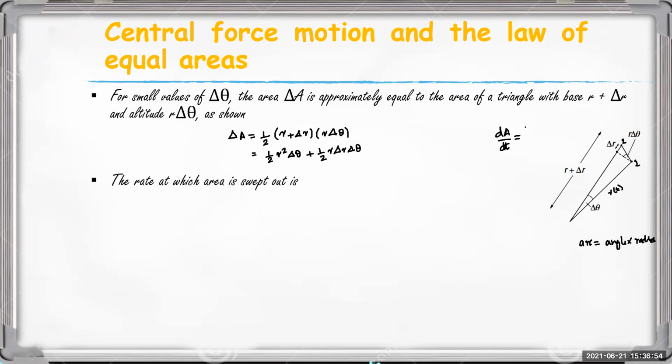Using calculus, dA by dt must be equal to the limit delta t tends to 0 of delta A by delta t.